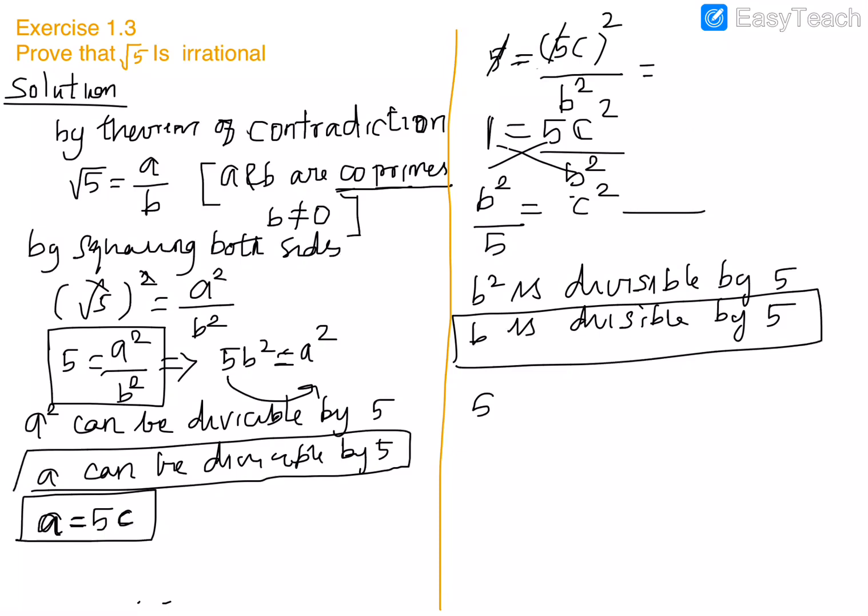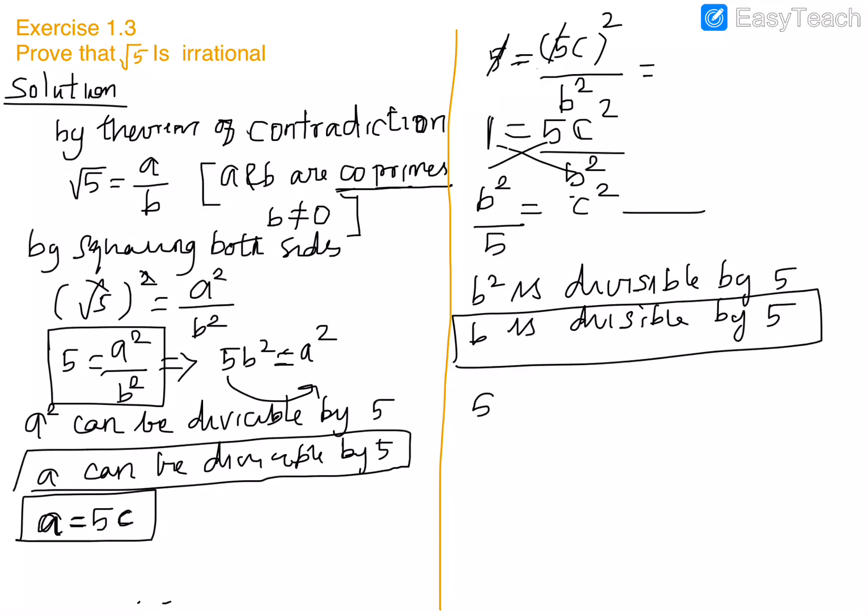But we assumed already that a and b are co-primes, and co-primes should not have any common factor. So this contradicts our assumption.